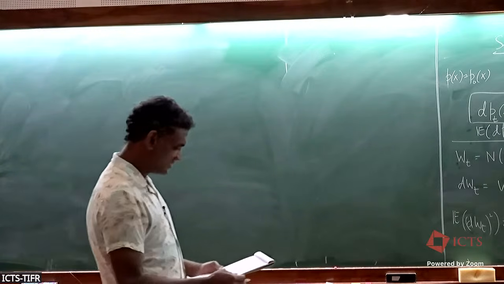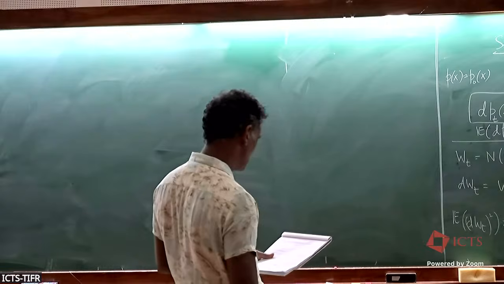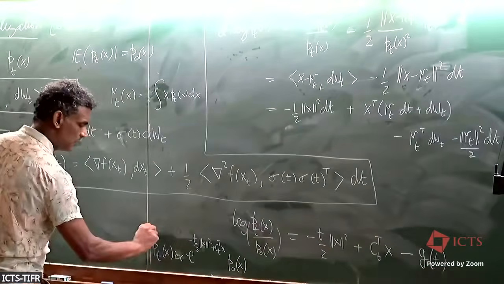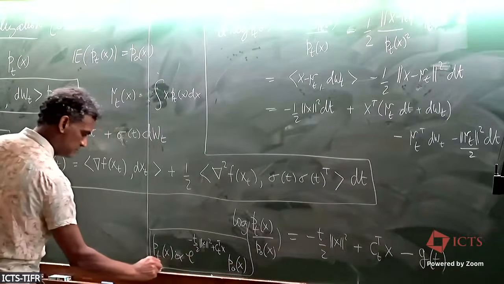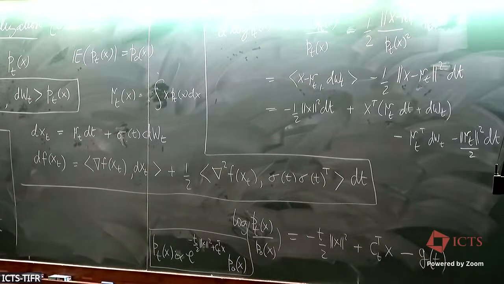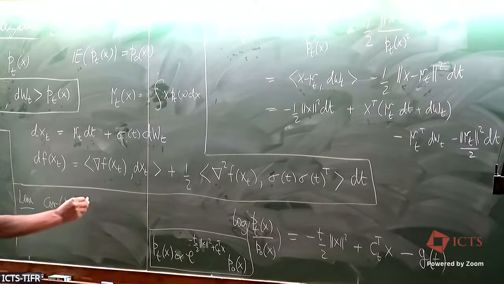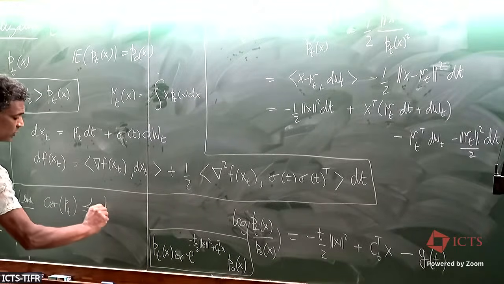Now, is this useful is the first question. And from this form, we can already get a nice implication. So, a lemma: the covariance matrix of PT, because of the strong log concavity, is going to be bounded by 1 over T times the identity.